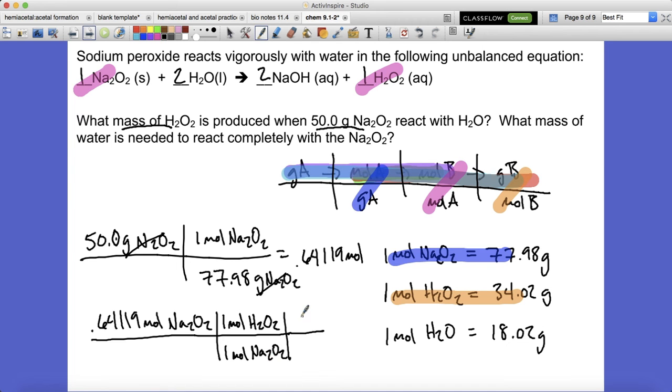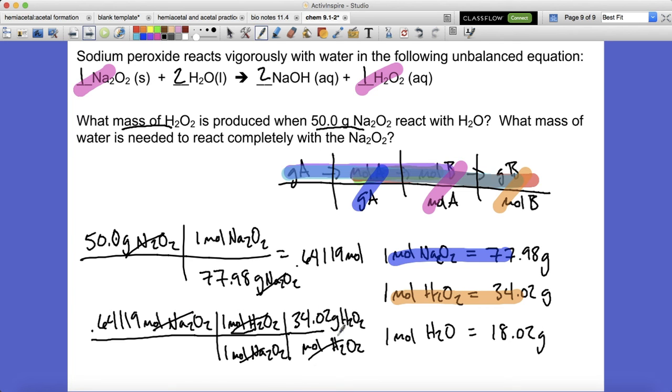So really I could have skipped a step and just gone straight to, okay, my molar mass for hydrogen peroxide is that 34.02 grams per mole, right? Now I have labels canceling all across the board to get me what I need, right?